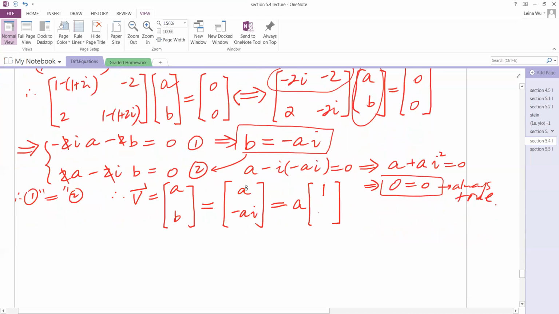So I'm going to have (1, negative i). All right, so I'm going to call this vector (1, negative i) my v1, the representative eigenvector related to lambda 1 equals 1 plus 2i.